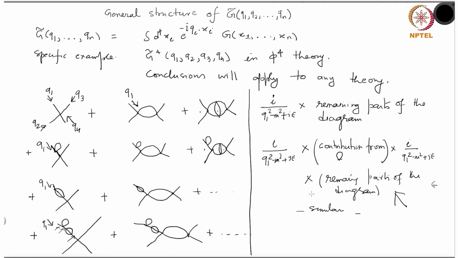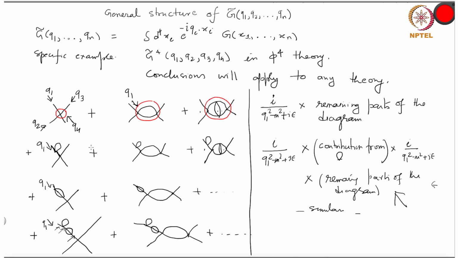So G tilde amputated contains contribution coming from this vertex. So the first term will be just this vertex, then this, and so forth.